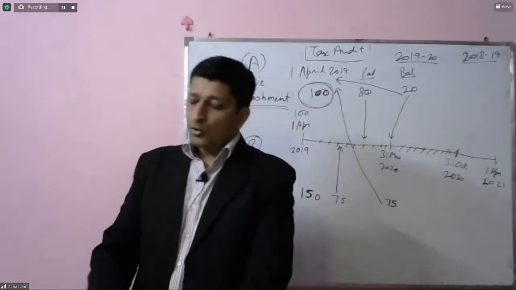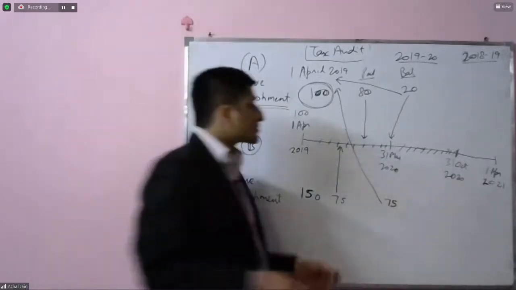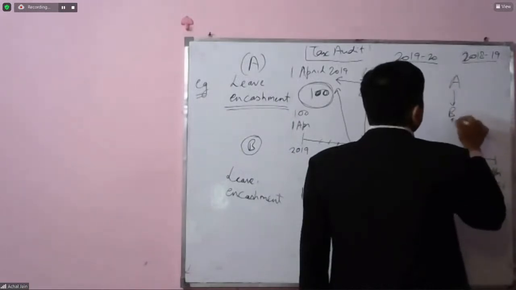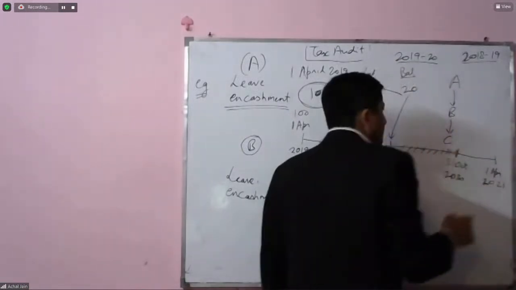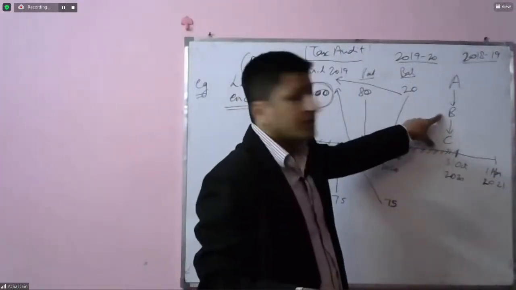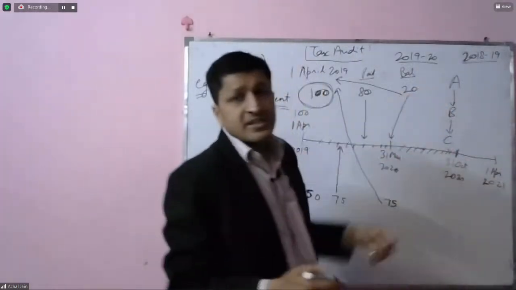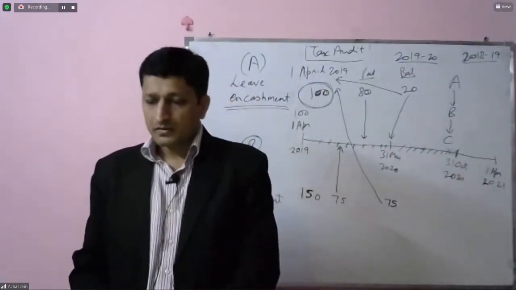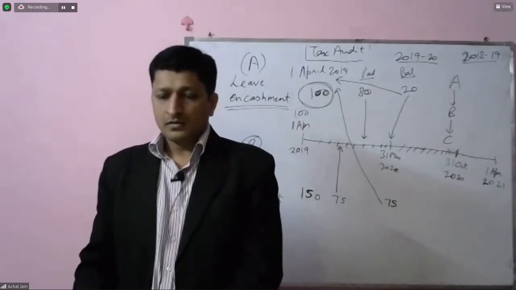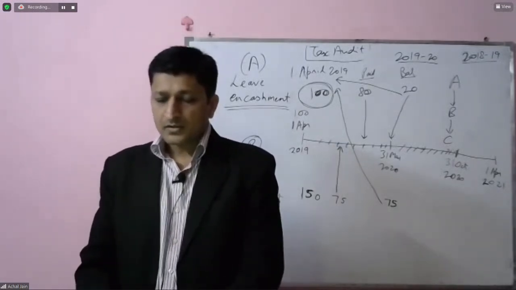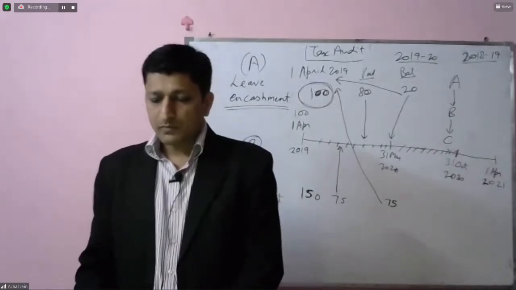See, ultimate holding and holding means, let's suppose A has B as its subsidiary and B has C as its subsidiary. So for C, who is the holding? B. And ultimate holding for C is A. Clear on this?